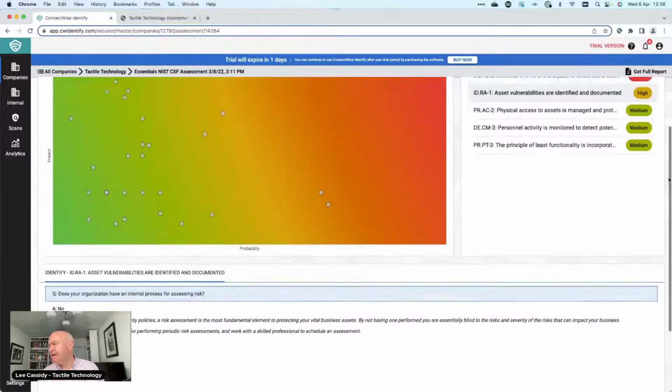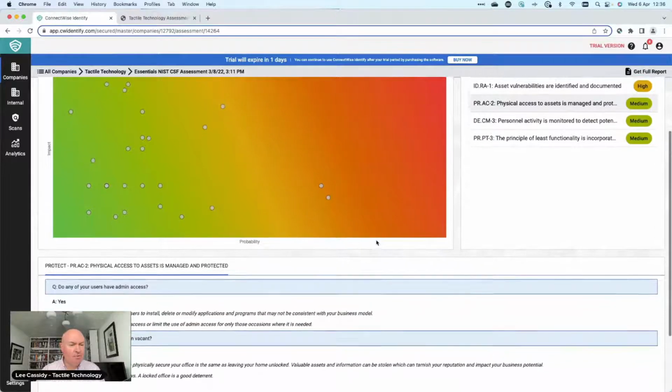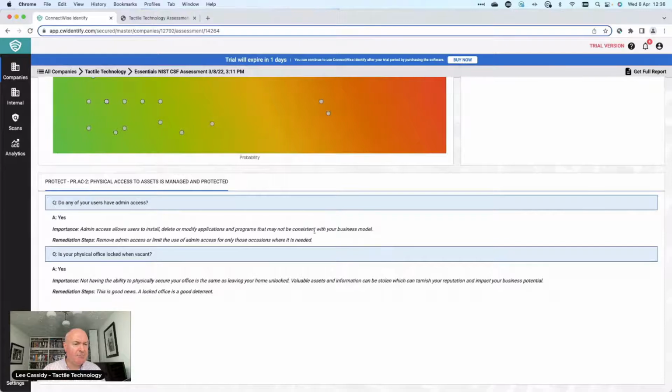If I go back over here and go to the next one down, physical access. Do any of your users have admin access? We've said yes to this, just to give an example. Part of the 10-step framework we talked about over the last 2 weeks was user privileges and what level of user privilege.